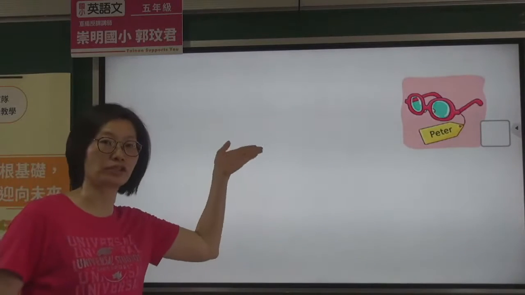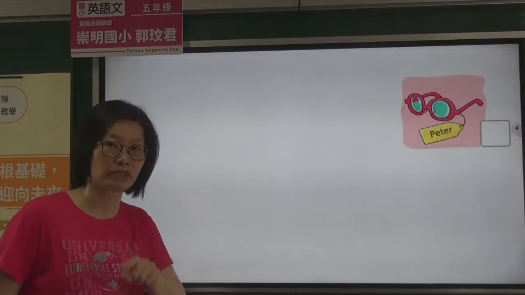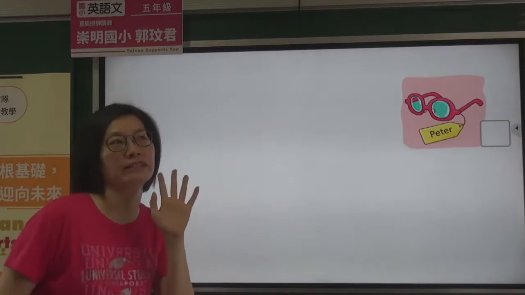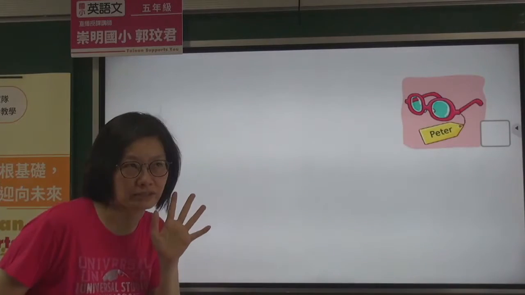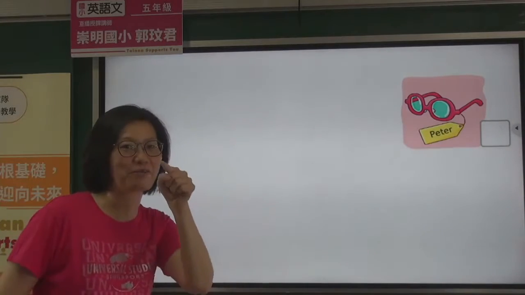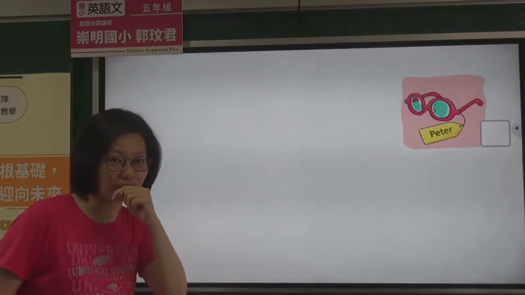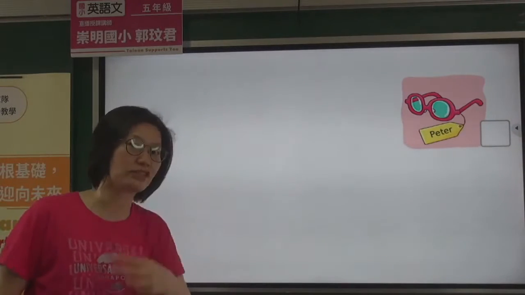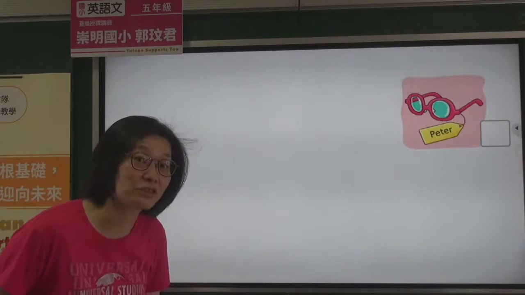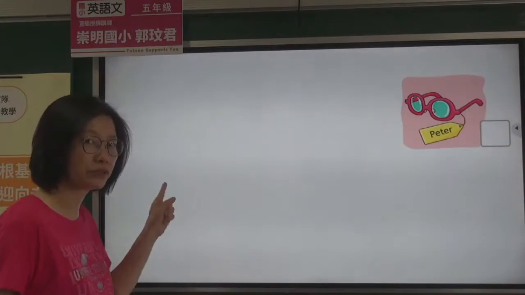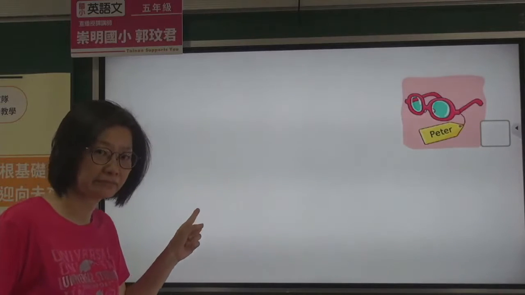All right, let's try one more. Look at this picture. Describe it. We don't have is here. This is not is. Very good, very good. 好，你自己修正了，对不对？Not is. Because there are two glasses, so you need to use glasses, not glass. Okay, very good. So what is your sentence? Good.